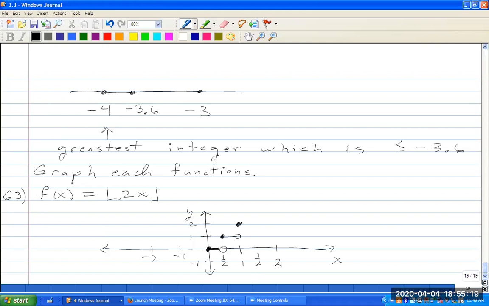Until you get to a half. Okay, thank you. My computer keeps wanting to crash. Okay, now let's say this is negative a half. At negative a half, well, it's negative 1, up till we get to 0.